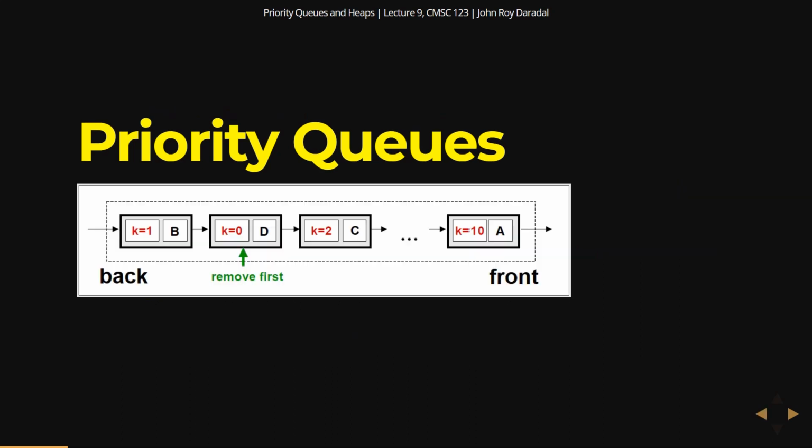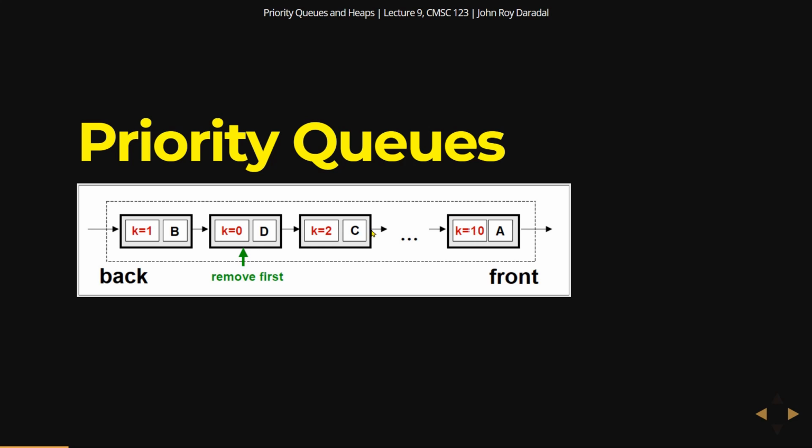Okay, so a priority queue will look something like this. A normal queue will have a front and a back, right? So maybe this entry here, 10A, was added first, and then next was 2C, then 0D, and then 1B, right? However, we will not remove it according to the first in first out principle. Even if 10A was added first, it has a low priority because of the high key number, which is 10.